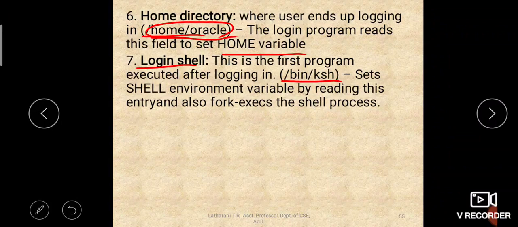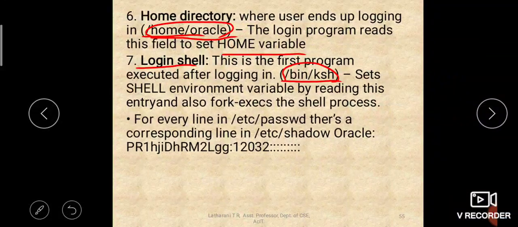KSH stands for the Korn shell. So the type of the shell and the path where the shell program is situated will be given here, and using this path, the value of the shell environment variable will be set. Okay, this path will be set for the shell environment variable.